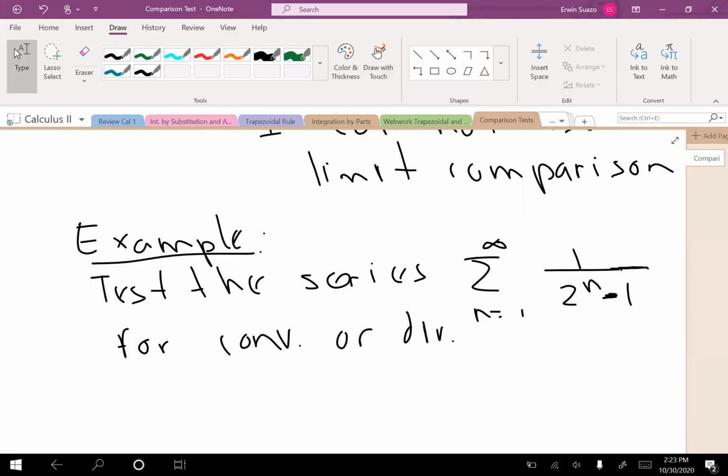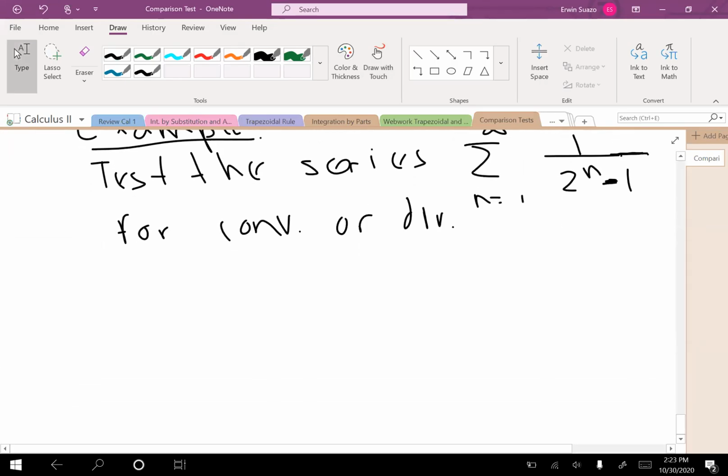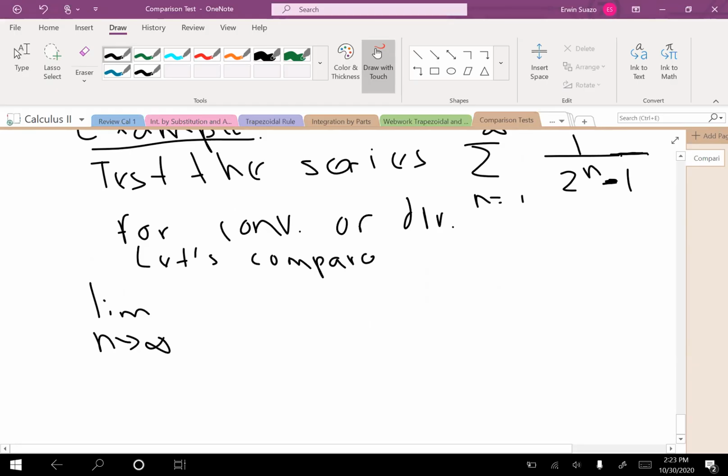So let's use this test. So you need to do limit n goes to infinity. So, okay, let me put it here. Let's compare with the sum 1 over 2 to the n, n equals 1 to infinity. Okay.